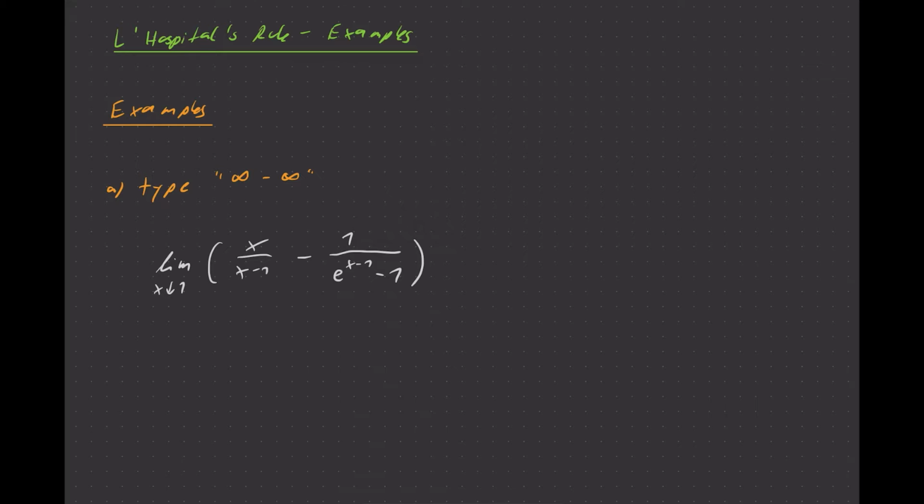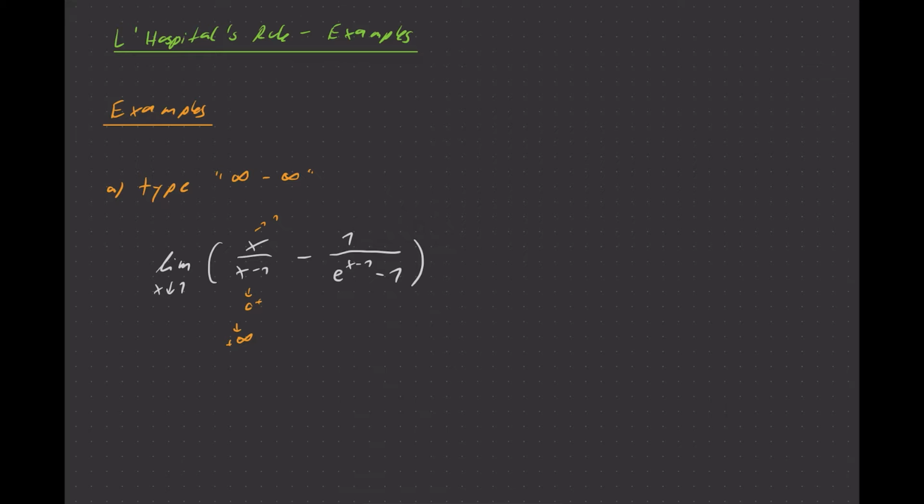What you'll surely notice is that as x tends to 1, this here tends to 1, this here tends to 0. So this whole fraction here tends to infinity. X tends to 1 from above, so it's going to be plus infinity because that x minus 1 is always positive, as x is always greater than 1.